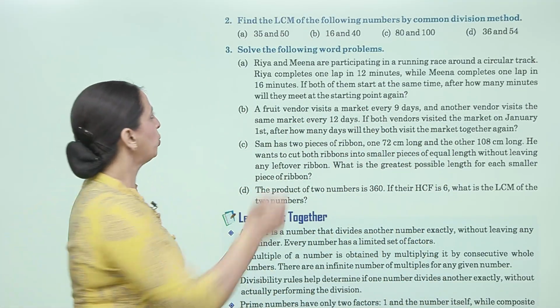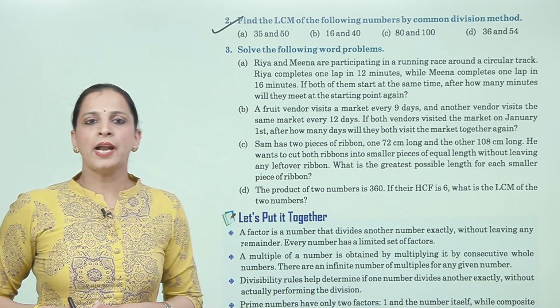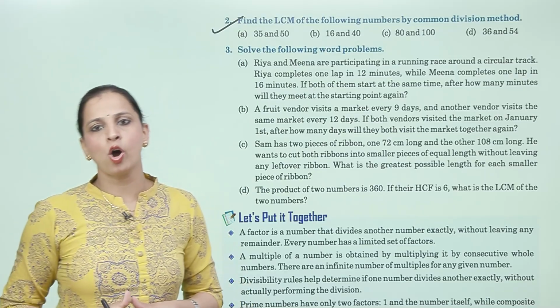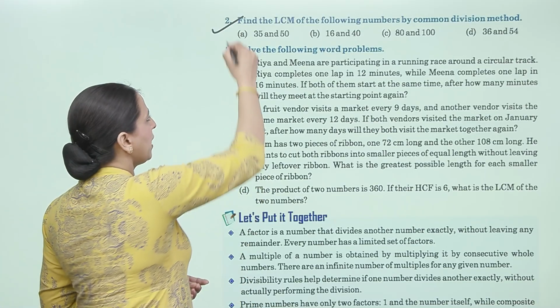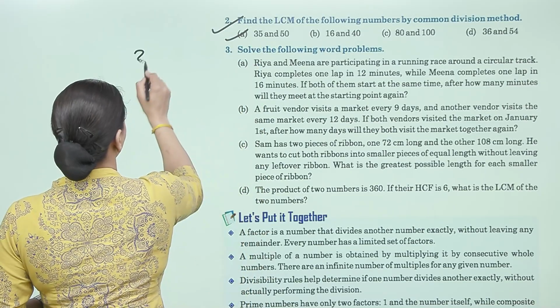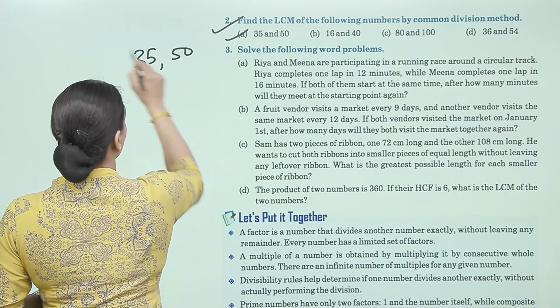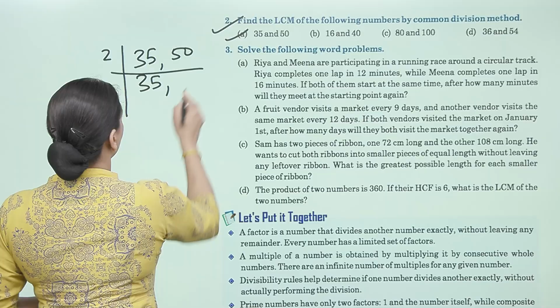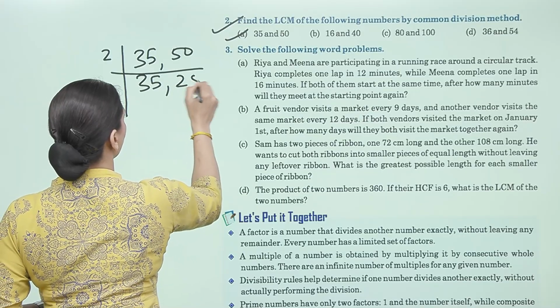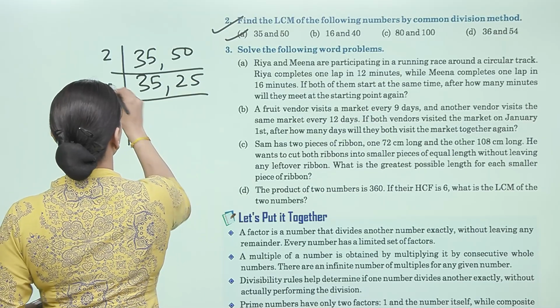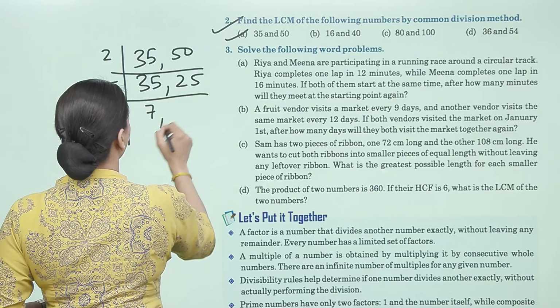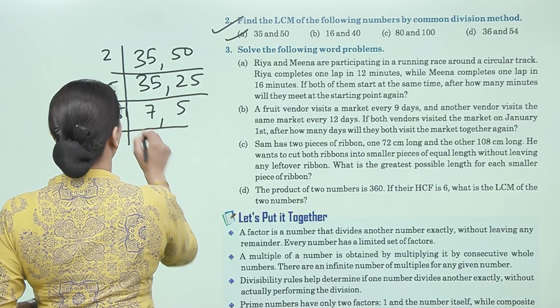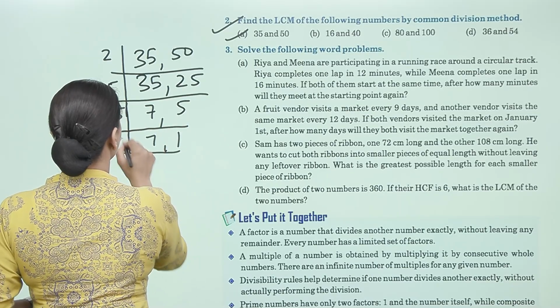Now question number 2. Find the LCM of the following numbers by common division method. Now A part, 35 and 50. Start with 2. 35 as it is. Now 2 2s are 4, 2 5s are 10. Now both are divisible by 5. 5 7s are 35, 5 5s are 25. 5 7s are 35, and 1, 7 and 1.